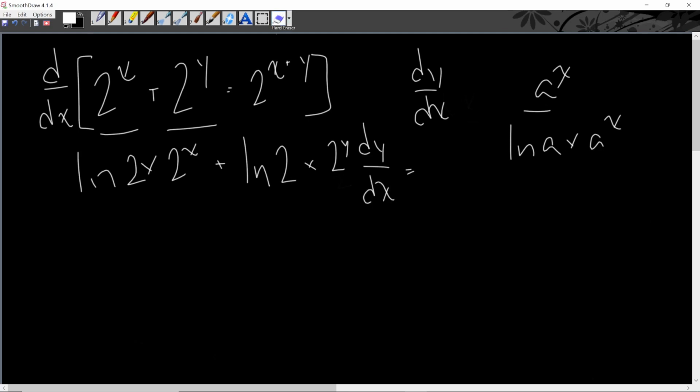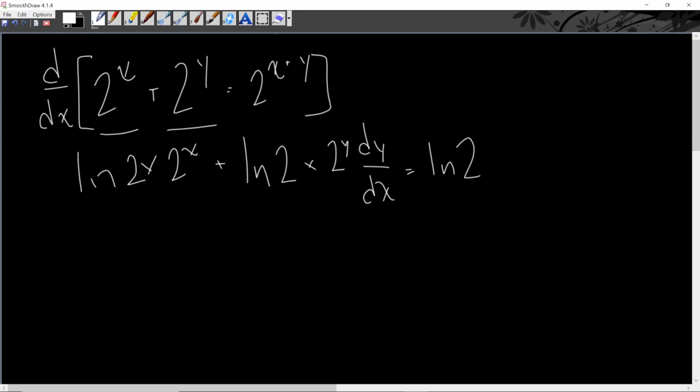equals, and then for this, we're going to use some chain rule. We're going to do ln 2, that's ln of a, since a is still going to be 2, times 2 to the x plus y, and then since this is not an x or a y, it's a sum of two functions, we're going to have to do chain rule, so derivative of the inside and outside function.